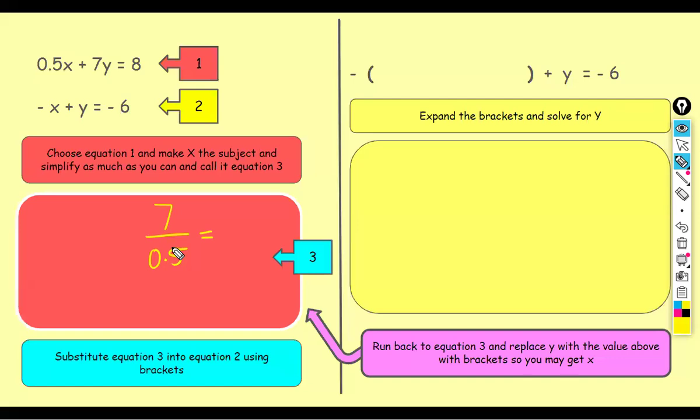Make sure you see 7 divided by 0.5 is 14. So it is possible to divide by a decimal.